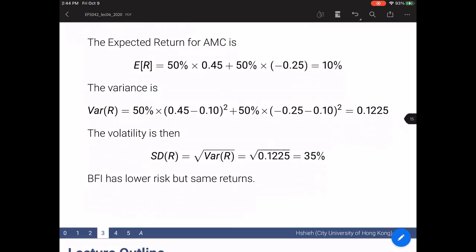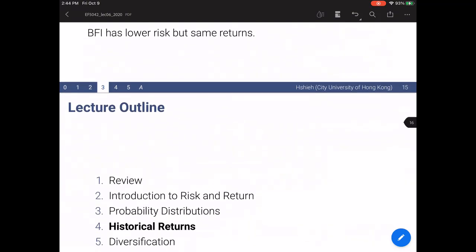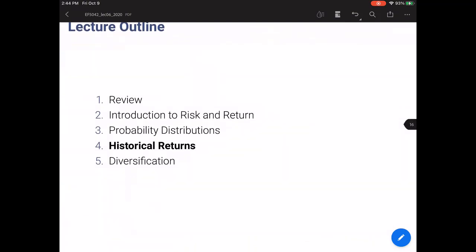All right, so as you know, we often don't observe the probability space, right? We don't know how the distribution of likelihood is allocated in reality. And so in order to estimate returns and variance, we have to take averages using raw data. So number 4, we talk about estimating returns and volatility using historical data.